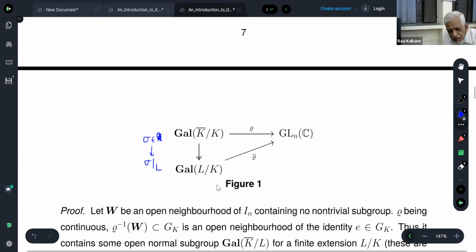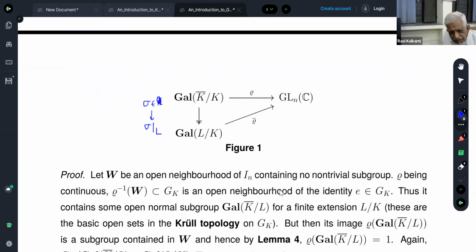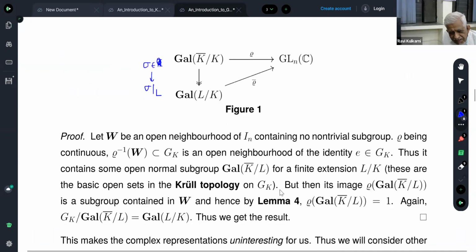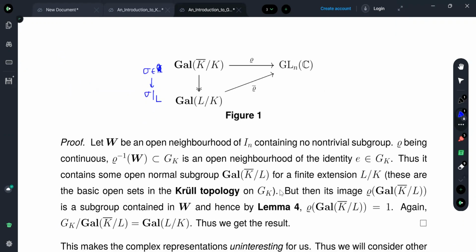But where are you using this subgroup lemma? In the proof, I am taking W to be an open neighborhood of the identity I, such that it doesn't contain any non-trivial subgroup. Now let rho be continuous.